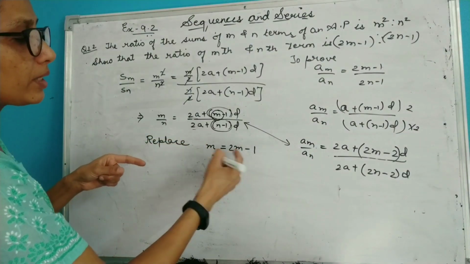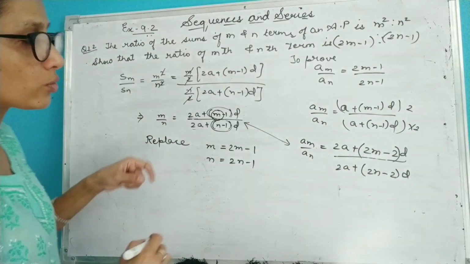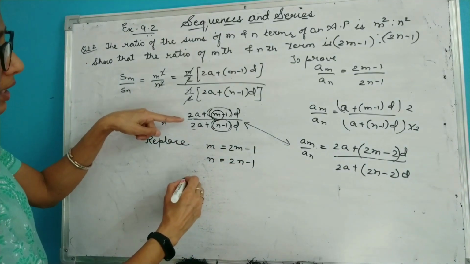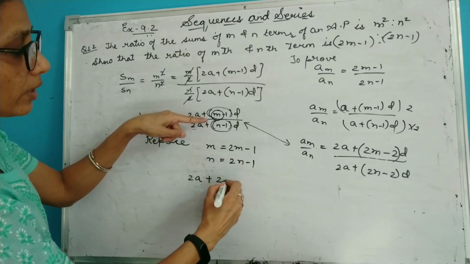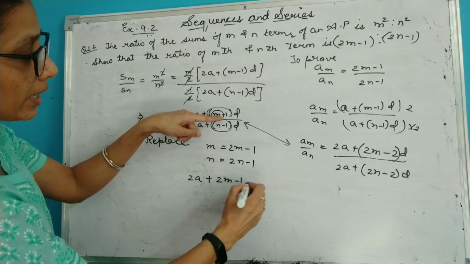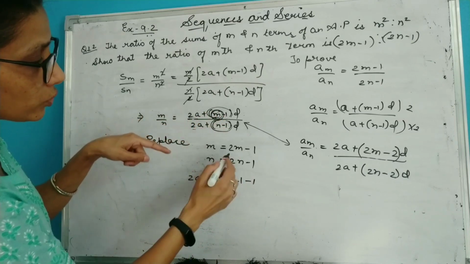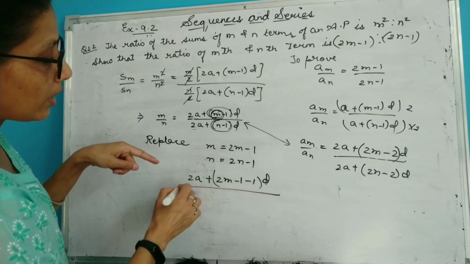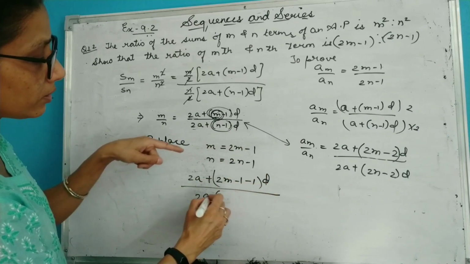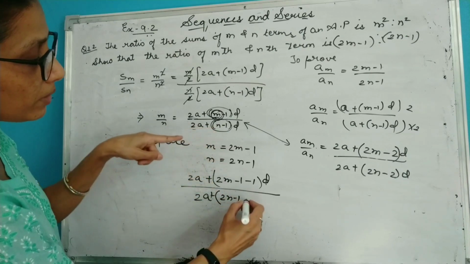replace m equal to 2m minus 1 and n equal to 2n minus 1, then what will I be getting? I will be getting it as 2a plus (2m minus 1) and this minus 1 is already here. I have written m as 2m minus 1 and this minus 1 as it is, and this is d. Again 2a plus, this is 2n minus 1, I am replacing n with 2n minus 1.